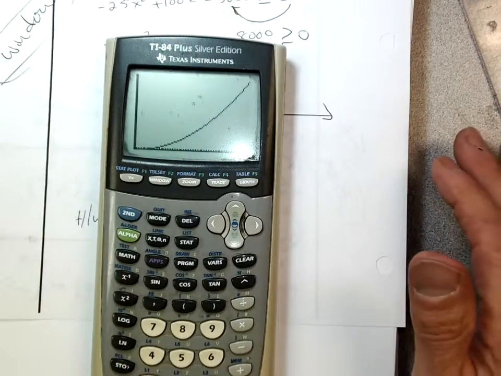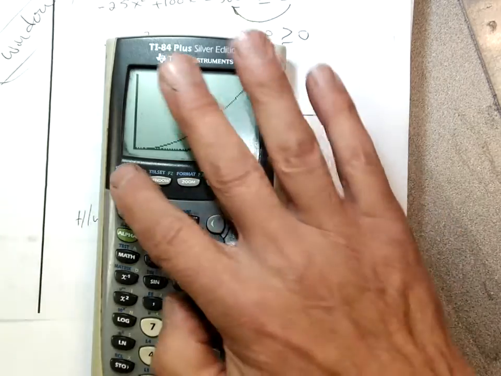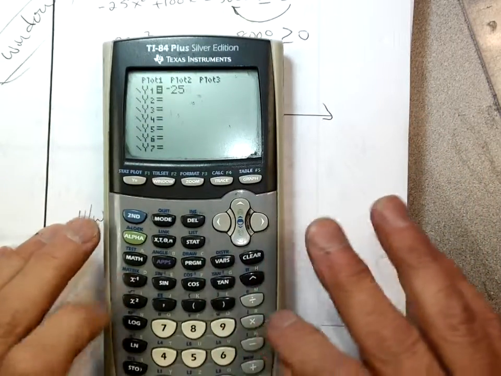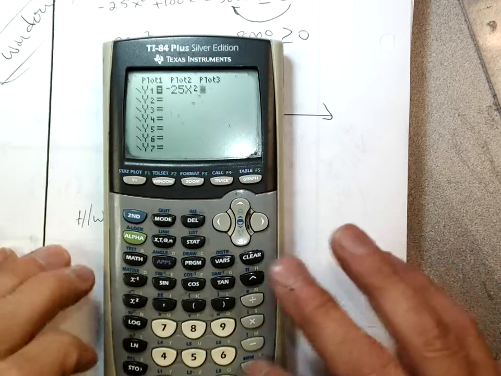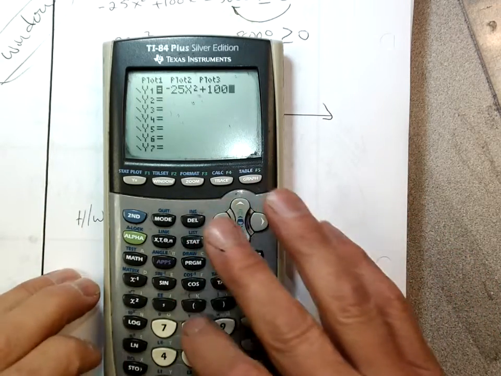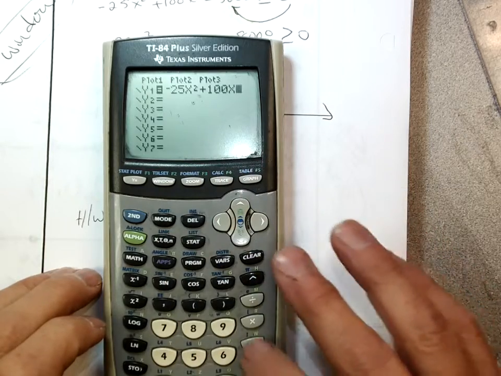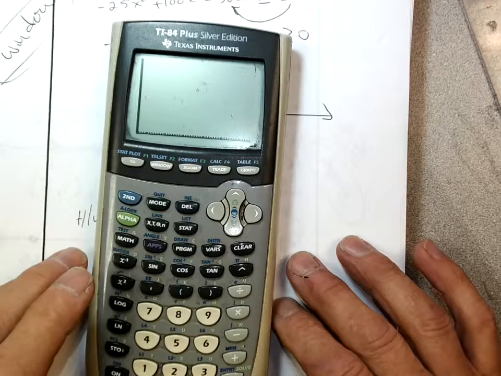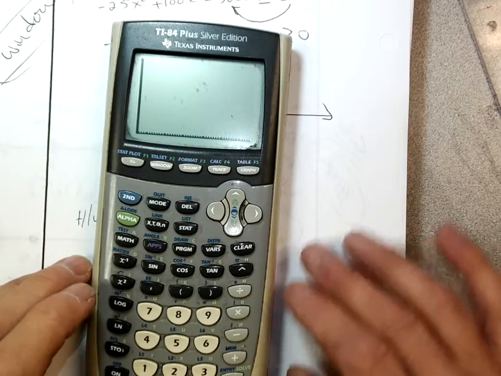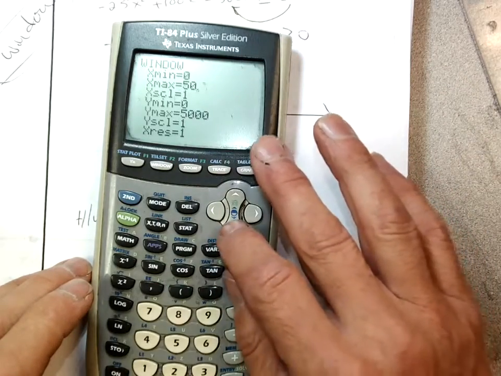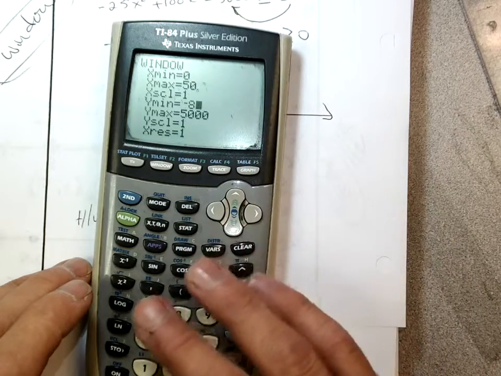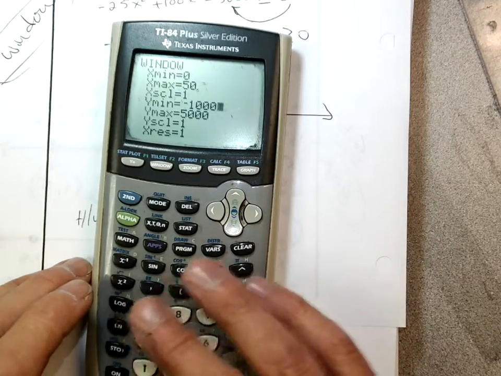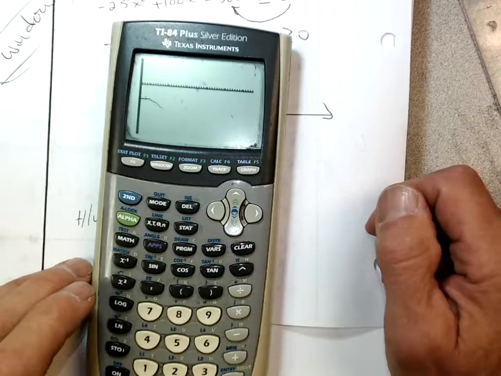Oh, negative 25x. No wonder it's not working. Plus 100x. Did my other window work? Graph. Now I'm not seeing it at all. I know 8,000 will give me the negative 8. Whoops, let's make this negative 10,000. Graph. Well, there it is.